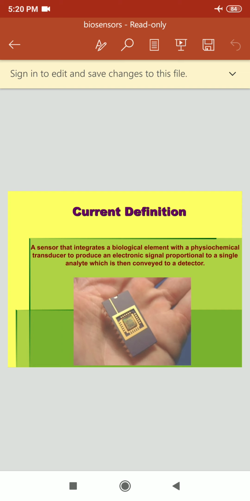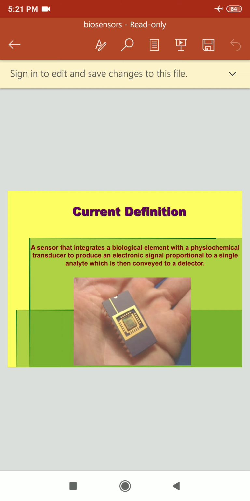Now the current definition: a sensor that integrates a biological element with a physiochemical transducer to produce an electronic signal proportional to a single analyte, which is then conveyed to a detector.